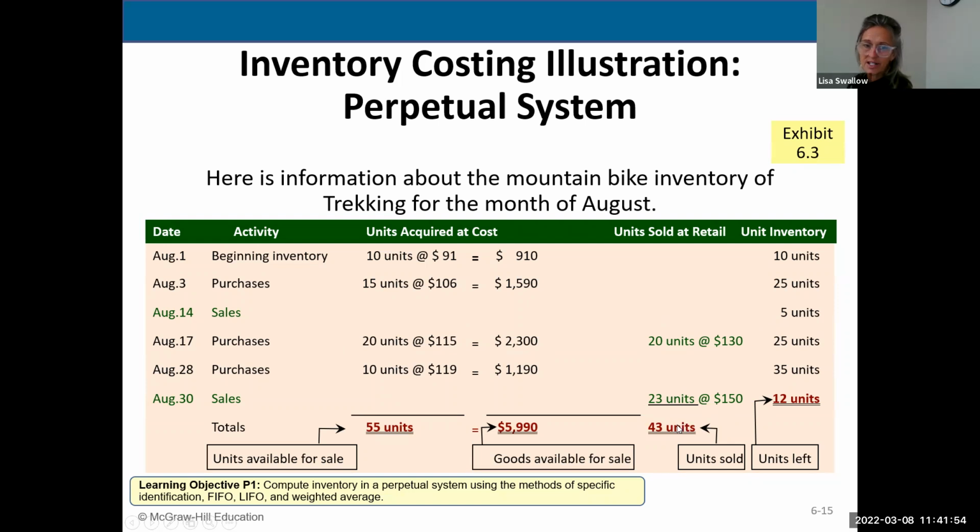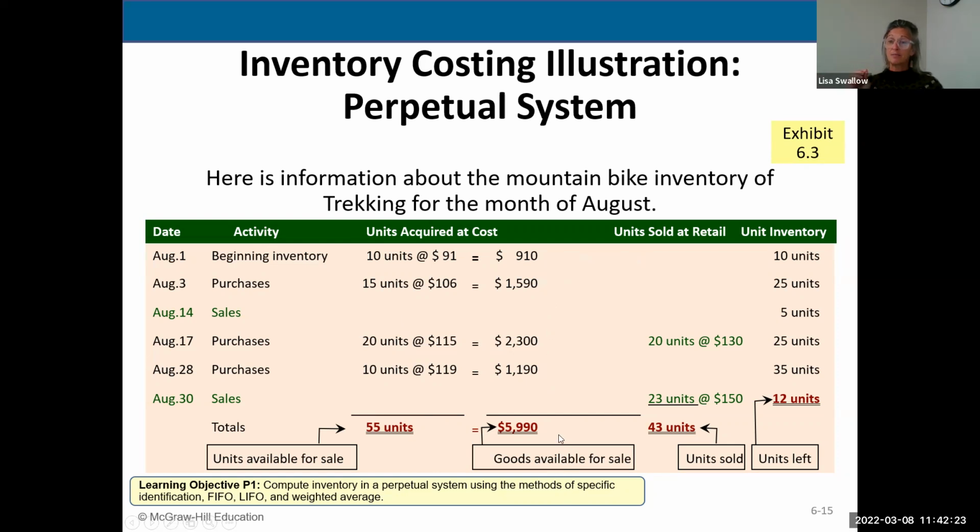So essentially what's happened during the month is I started with 10 units and I purchased another 45. So total units available for sale were 55, right here. What was the amount available for sale? Beginning inventory of 910 plus net purchases, 5,590.